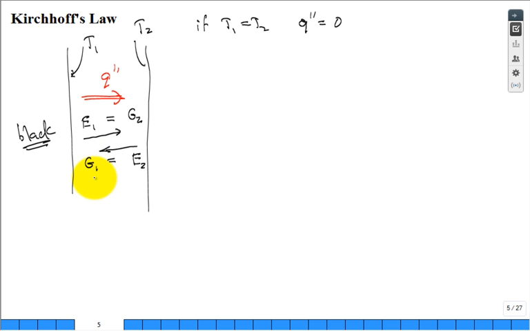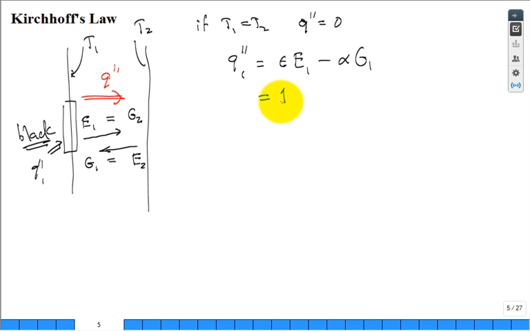So let's recall what we had before. We had the Q double prime focus on surface 1, Q double prime on 1 is equal to the emissivity E1 times EB1 minus absorptivity times G1. If they're black, then this really boils down to almost nothing.